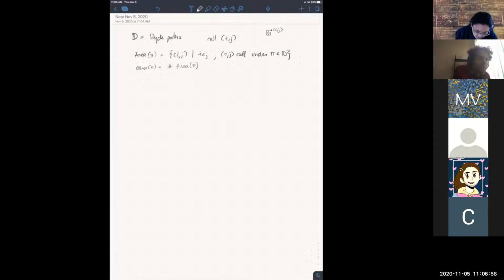And then associated to this, we're going to construct a sequence. We're going to call it aj, which is the number of cells in the area for any given row. So here we're in row j.